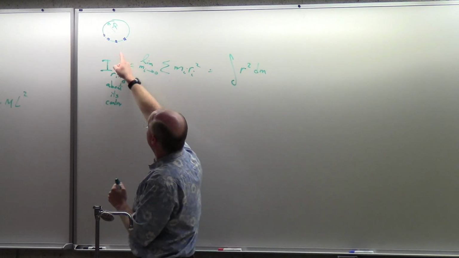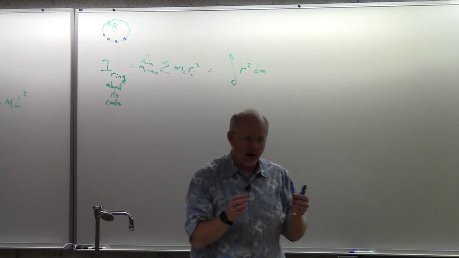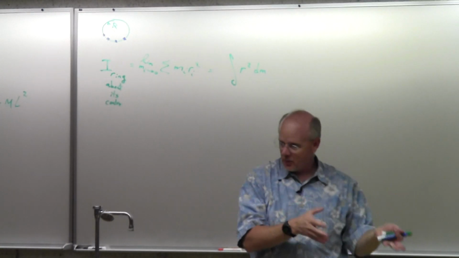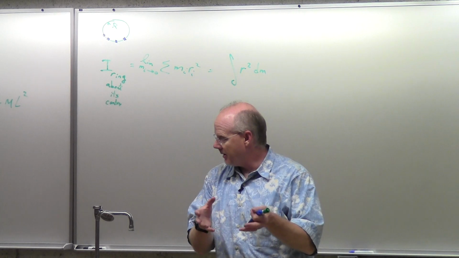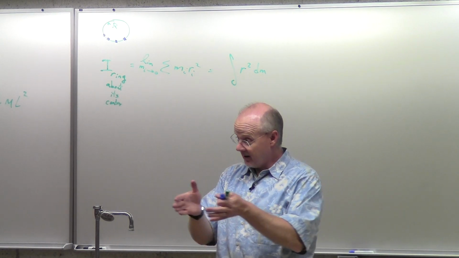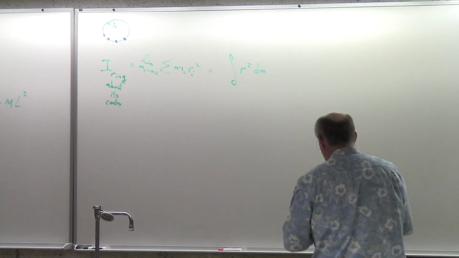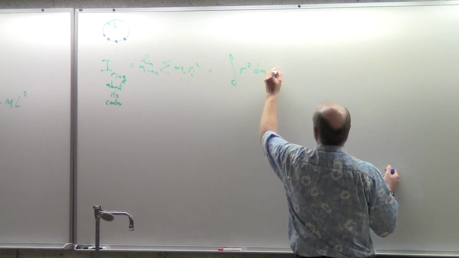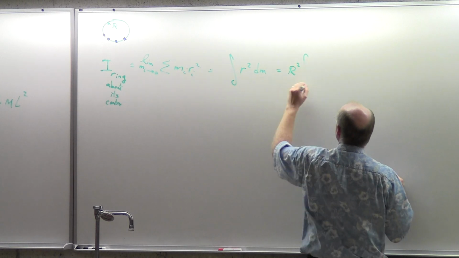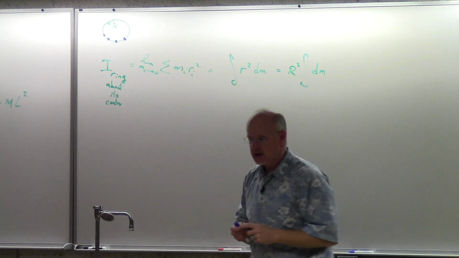As you look at its geometric shape here, what is the little r squared? Isn't it the same as the big R squared? So my first step is to say that little r is really now the same, at least in this case, as the big R.